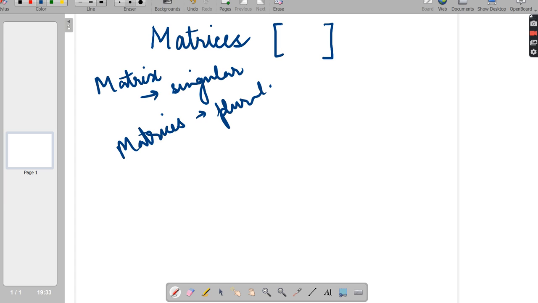A matrix is a rectangular representation of elements which are placed in rows and columns so that they can form a rectangle.